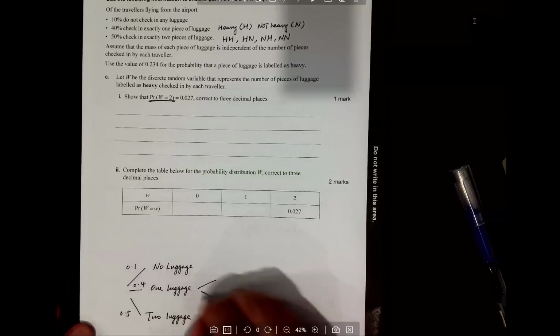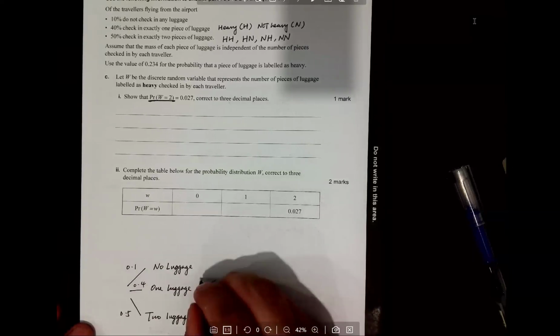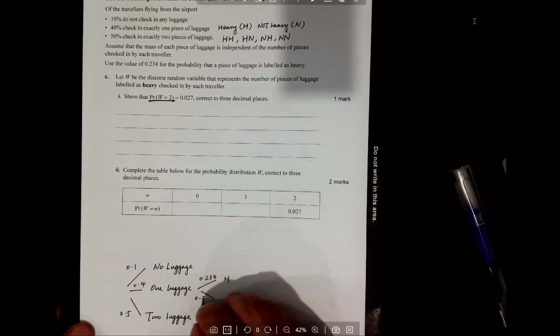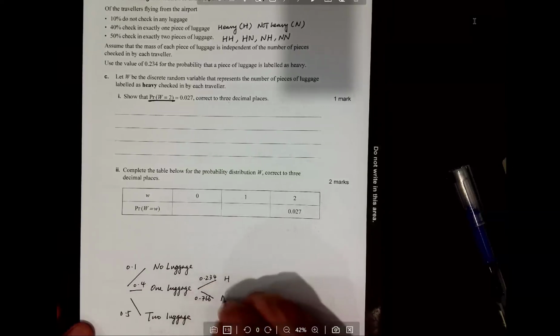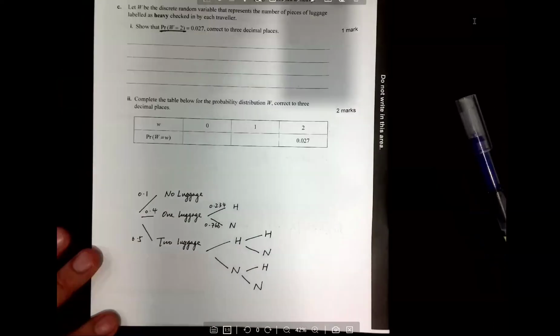And one luggage, let's say heavy, 0.234, 0.766. And two luggage, let's say heavy, heavy, light, light, light, and then heavy, okay? So pretty much this is a tree diagram you could make use of, okay?